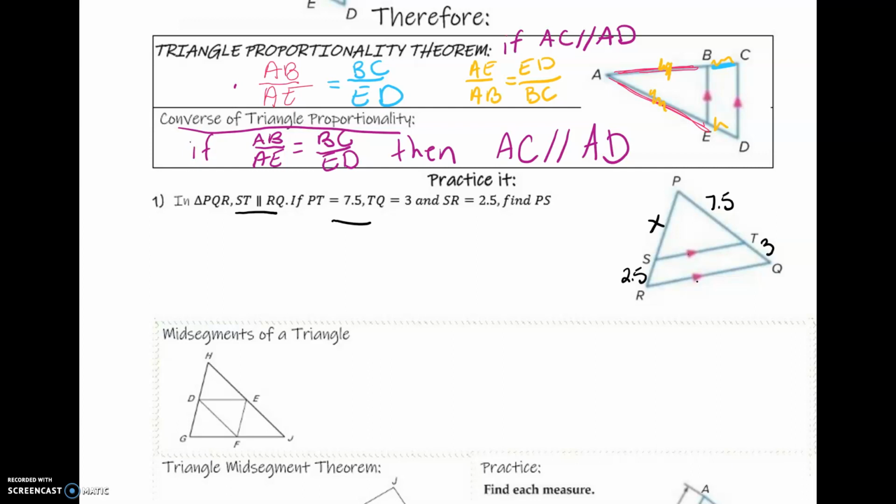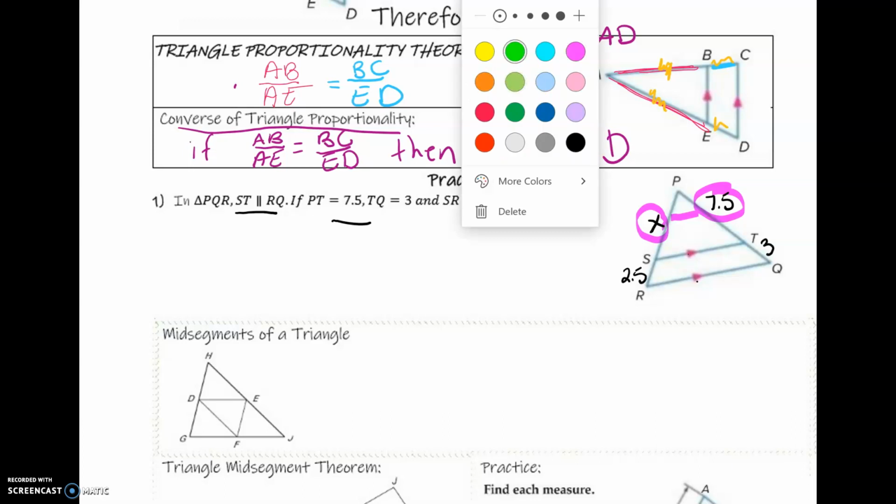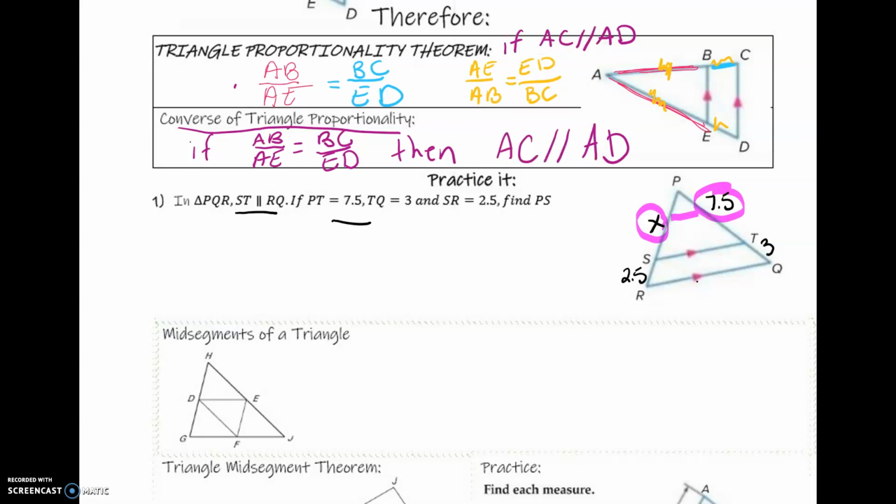So again, just think about how these relate. I know X relates to 7.5, it sits right across from it. 2.5 also relates to 3, sits right across from it. And X and 2.5 are on the same side, and 7.5 and 3 are also on the same side.